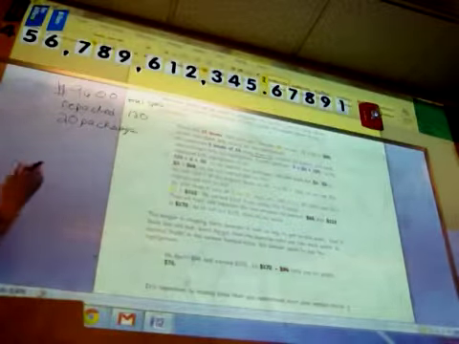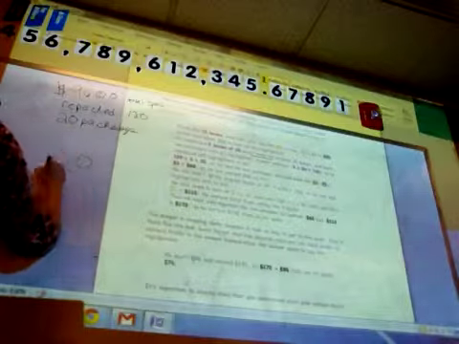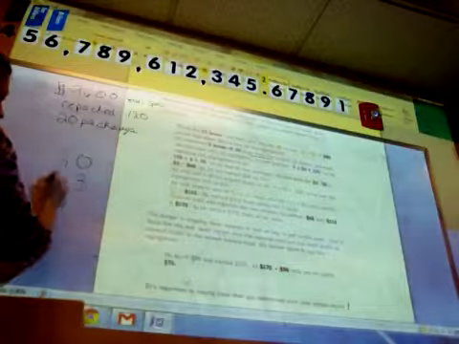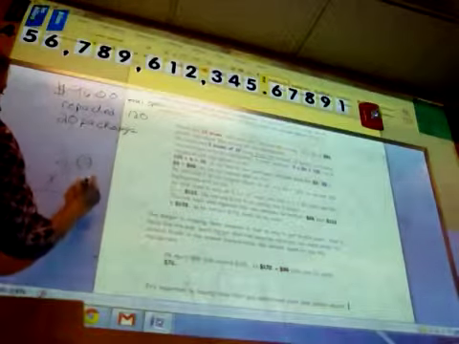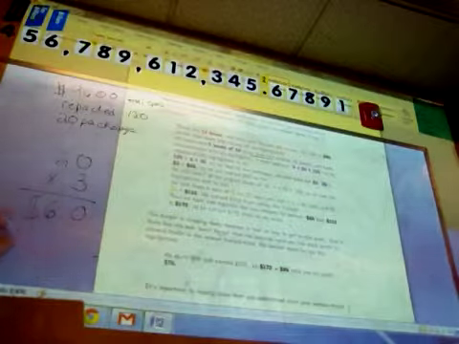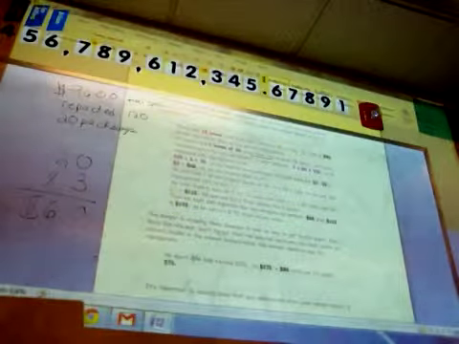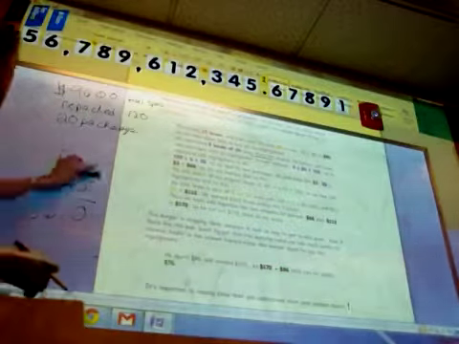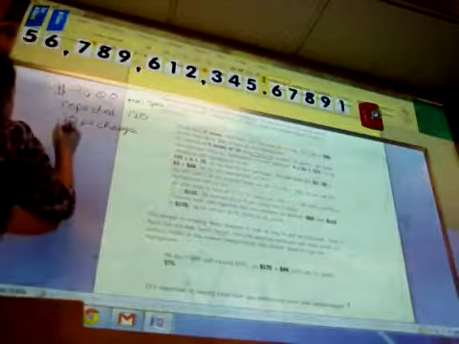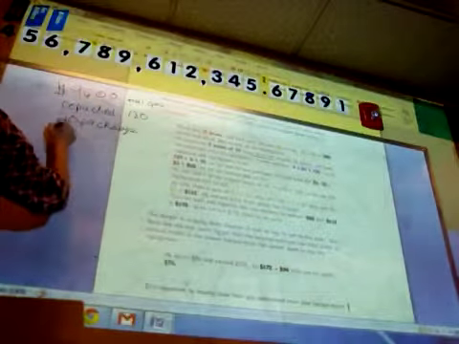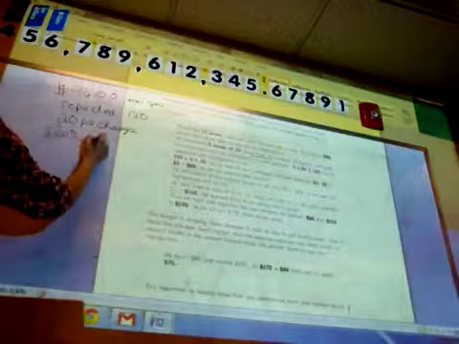So I have 20 new packages, and I'm going to sell them for $3. I could add it together, or I can multiply. 3 times 0 is 0. 3 times 2 is 6. So far, he has made $60. I'm going to put that up here. Earnings so far. $60 earned.